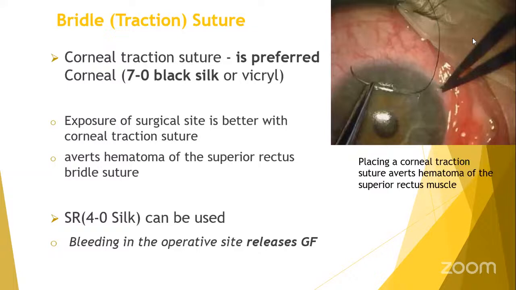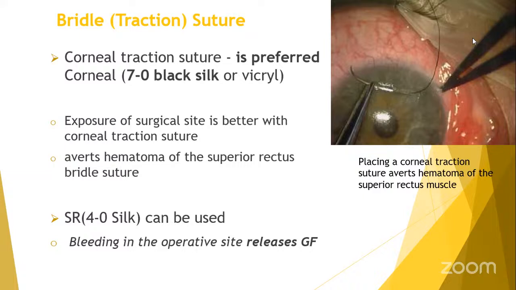Concerning bridle suture, if you don't have the skill for corneal traction, you can still go ahead and use your superior rectus, but corneal traction is preferred because one, the exposure of the sclera is better, and you avert the hematoma that can occur when you do superior rectus bridle suture.